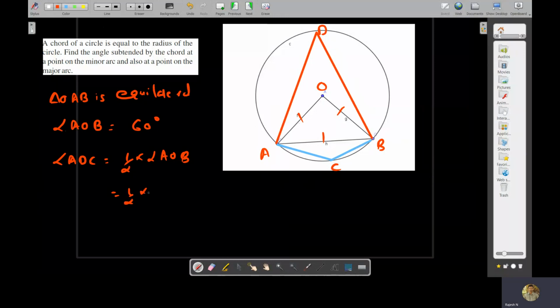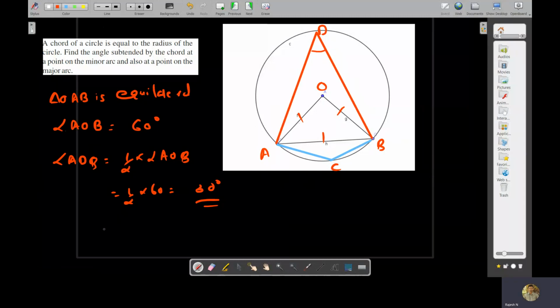So half into 60. Answer is what? 30 degree. So angle ADB is equal to 30 degree. Now angle ADB, this is the angle inscribed in the major arc.